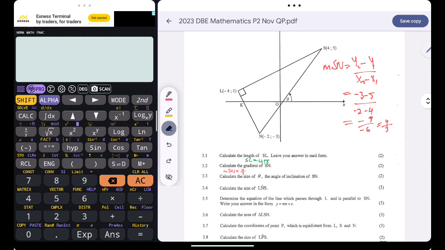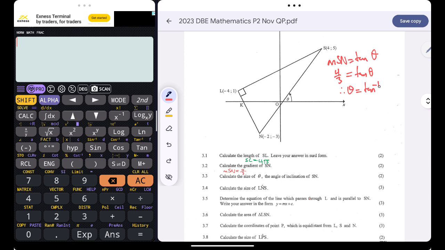Now they want me to find the angle theta. Angle theta is an angle of inclination of line SN. So if I have the gradient, I can simply use the equation that says m of line SN is equal to tan of theta. The gradient is 4 over 3. Since I want theta, I'll simply say theta is equal to tan inverse 4 over 3.